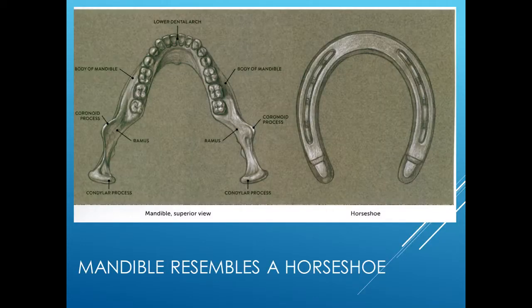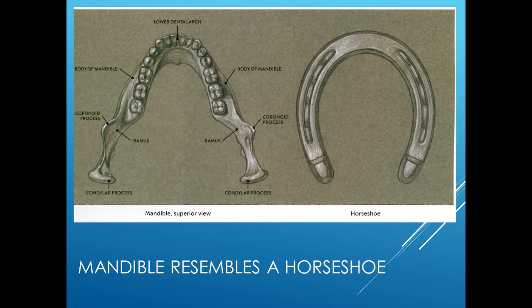All right, next, we can see the mandible from what kind of a view? Keep in mind, we're looking down as if we were looking down on somebody, and so that's called a superior view.